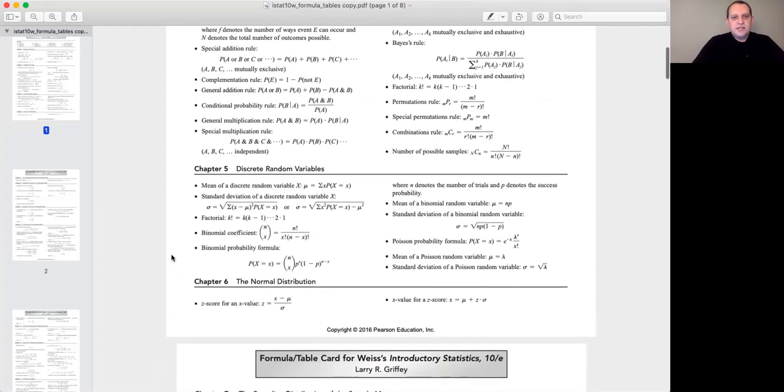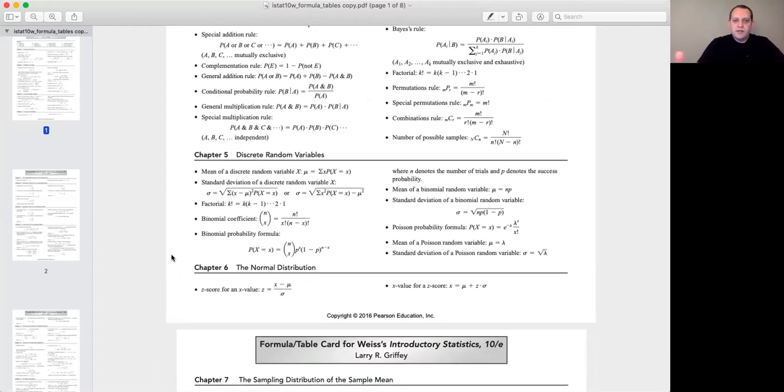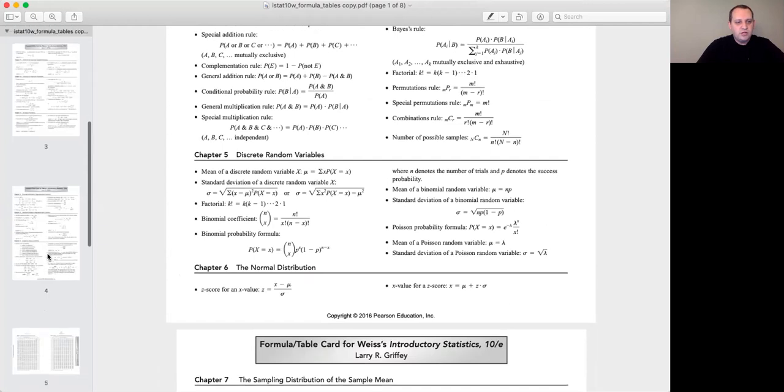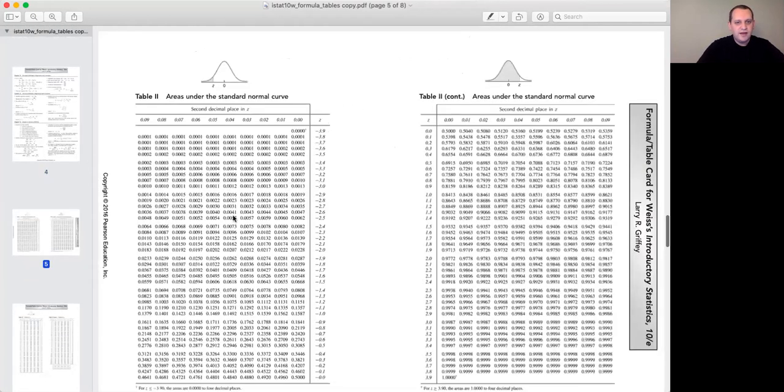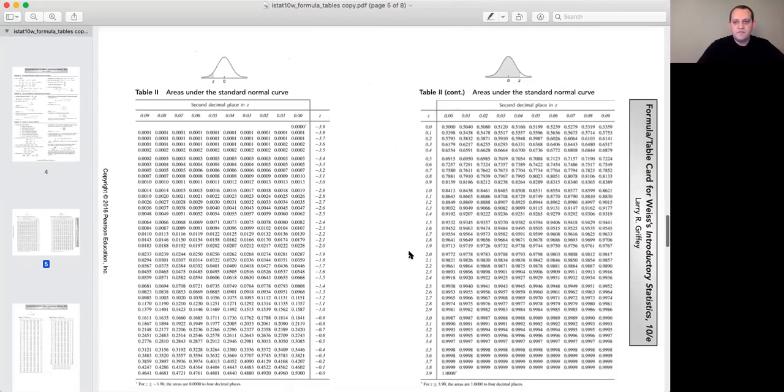This is the sheet of all the formulas that you're ever going to need to know for the course. But that's not the point of what I wanted to show you. On page 5, there's the table for the standard normal curve. This table has on it all of the values on the curve from -4 to 4 up to the hundredths place.